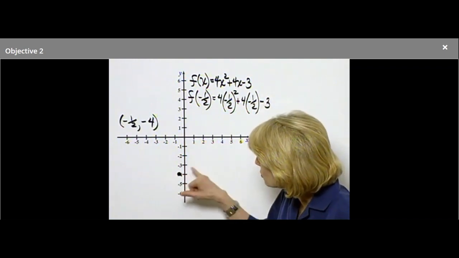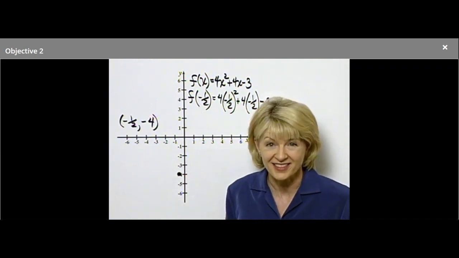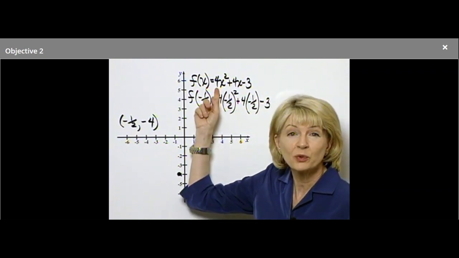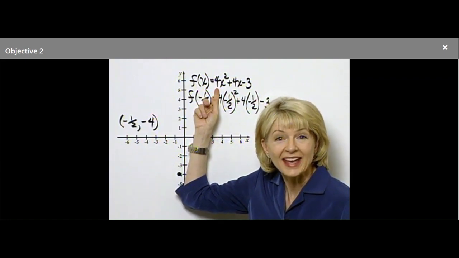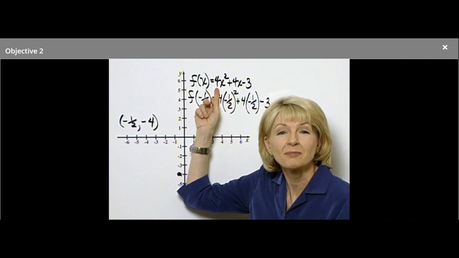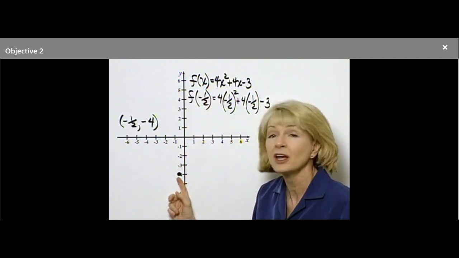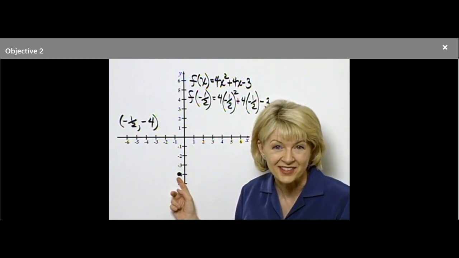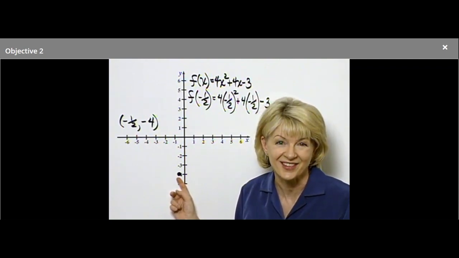If this parabola opens downward, there are no x-intercepts. Does this parabola open upward or downward? You look at the value of a as usual. A is positive 4. It's a positive number. The parabola opens upward, so I will have 1 y-intercept and 2 x-intercepts.